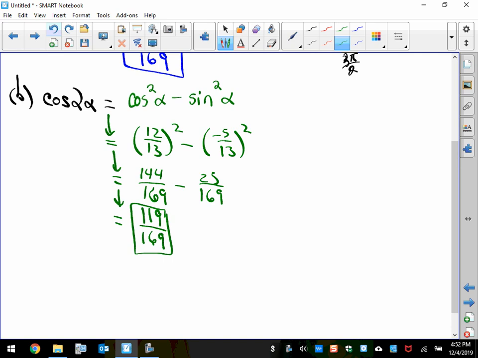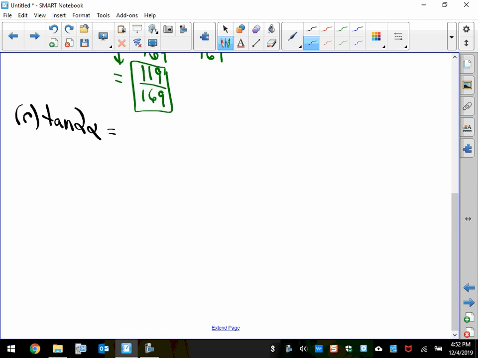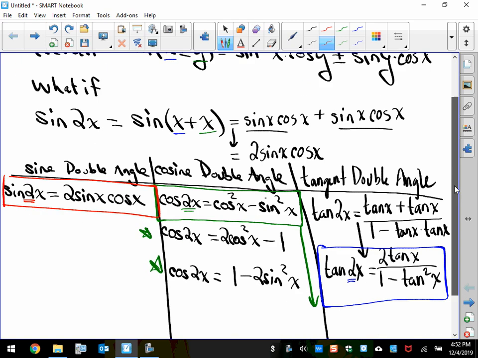Good. Let's try the last one. So part C is tangent of 2 alpha. Okay. So what do we want here? Well, let's use the tangent double angle, which is 2 tangent alpha over 1 minus tangent squared alpha. Is it a minus? Let's go back and just double check our identity.